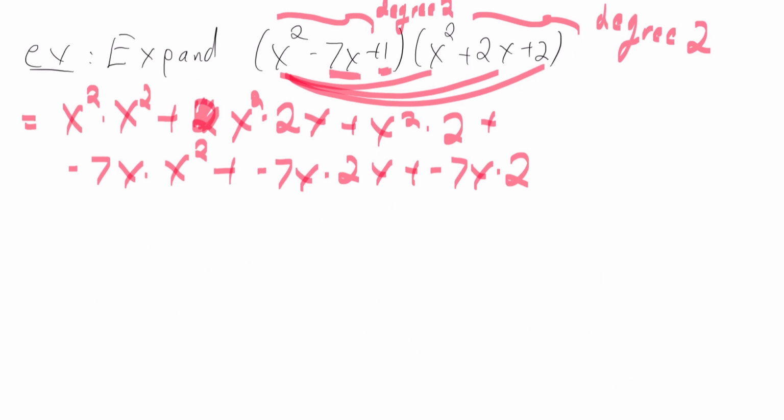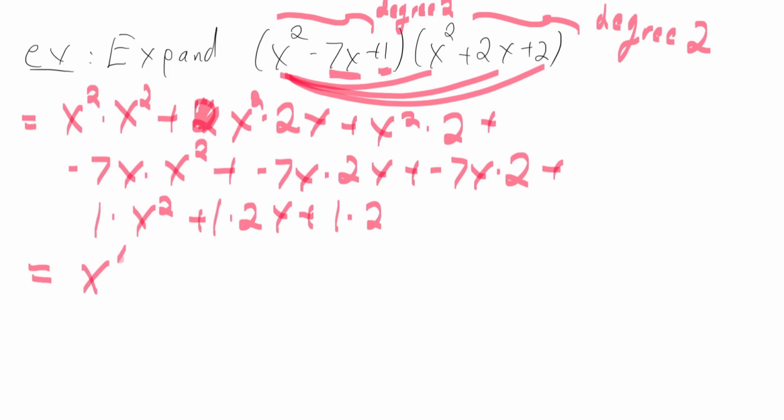Now I have to just deal with the 1 here. So plus 1 times x squared, 1 times 2x, plus 1 times 2. And then the matter of simplifying everything is a task in and of itself, unfortunately. Just have to make everything look a little bit nicer. So I have x to the 4th here from this guy.